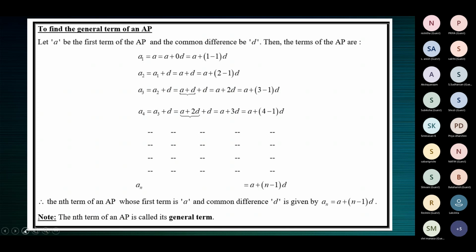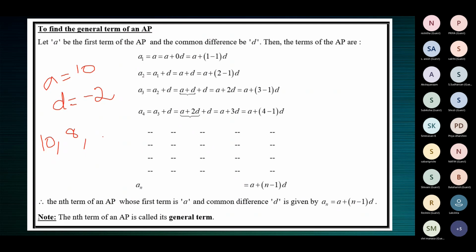Supposing the first term a is 10, and the common difference is minus 2. So the terms of the AP will be: the first term 10. The second term will be a plus d, 10 plus minus 2, so that's going to be 8.